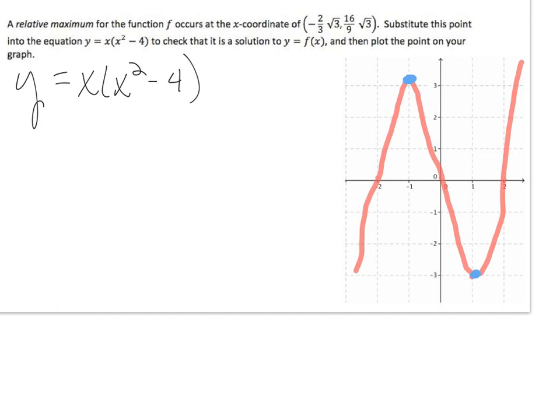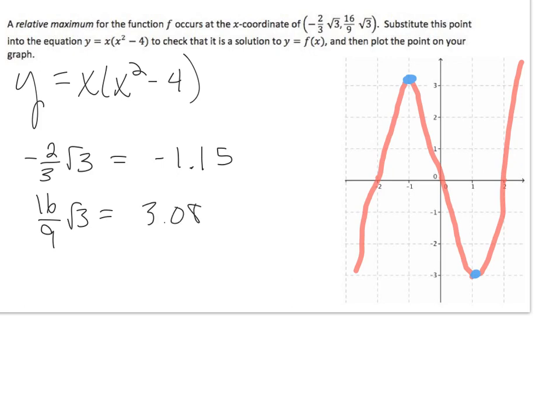First thing I did here was change negative 2/3 root 3 into a decimal, and I get negative 1.15 approximately, and then 16/9 root 3, I get 3.08.